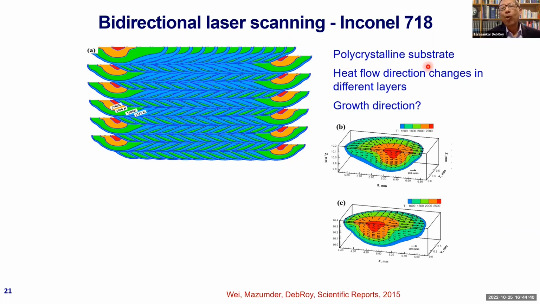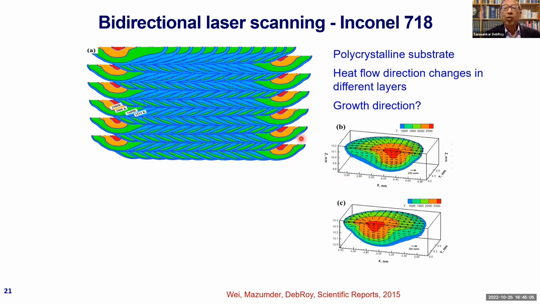So we have a polycrystalline substrate, 718, and the heat flow direction would be different, right? Because when we are going from left to right, the fusion zone looks like this one. The isotherms are compressed ahead of the beam. Here is the beam, and expanded behind the beam.